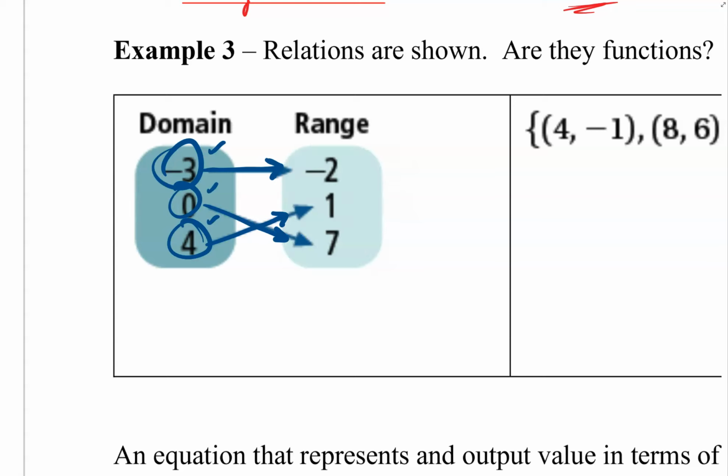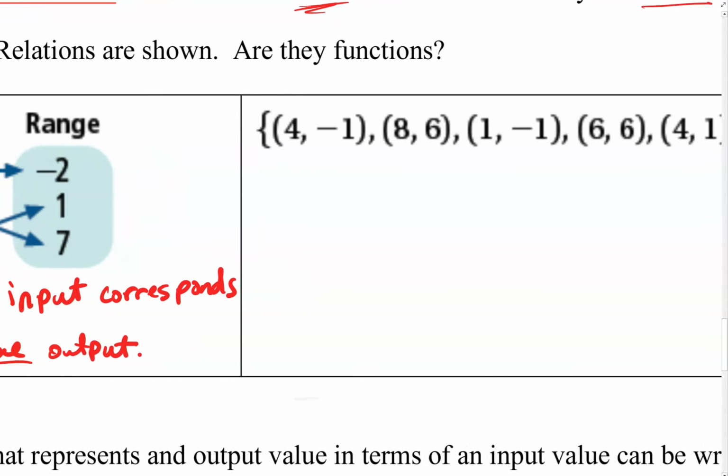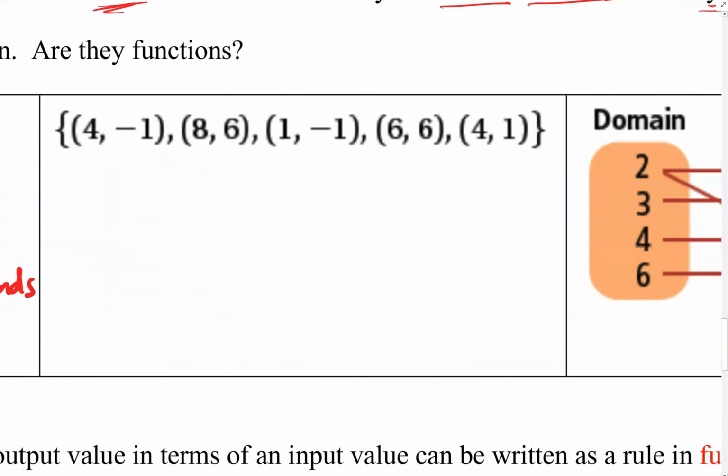Doesn't matter what the range is, but I do know that every input produces exactly one output. So again, each input corresponds to exactly one output in this case. In the next example, it's a little bit harder to see, but we have an input of 4 and it maps to -1. We have an input of 8 and it maps or corresponds to 6. 1 corresponds to -1, 6 corresponds to 6, and 4 corresponds to 1.